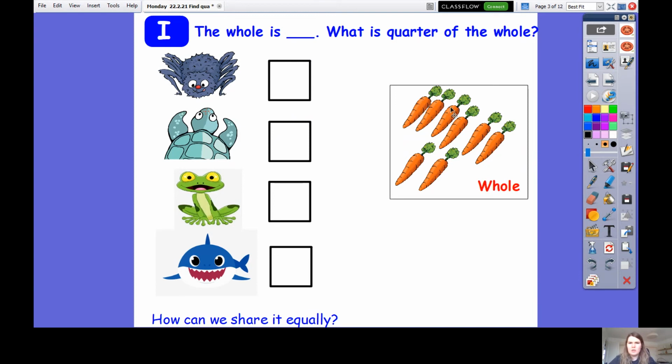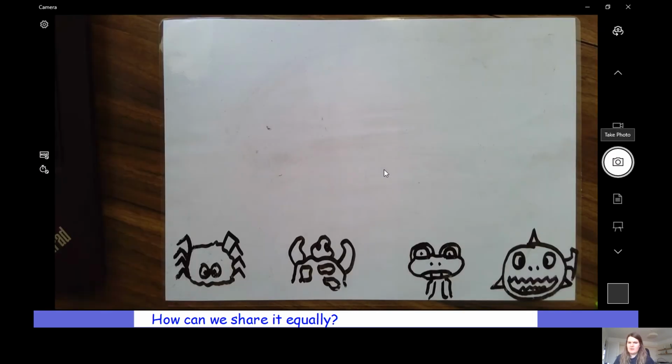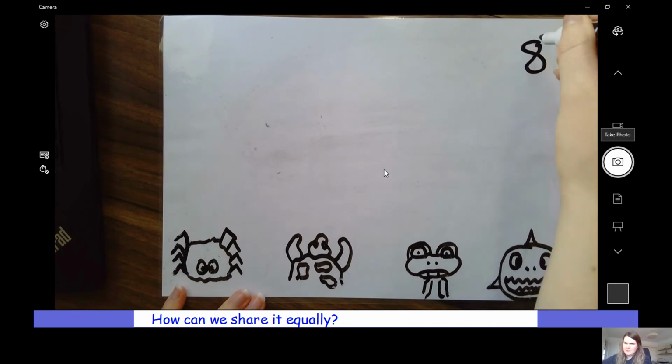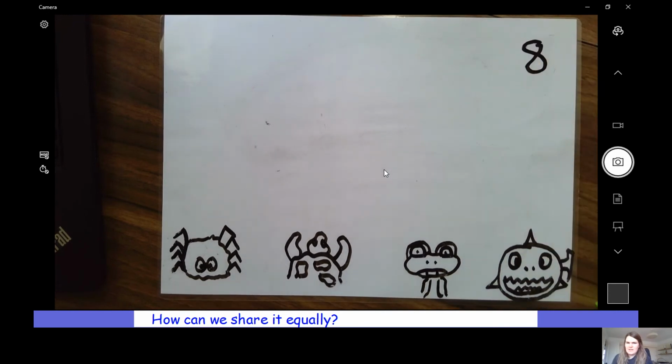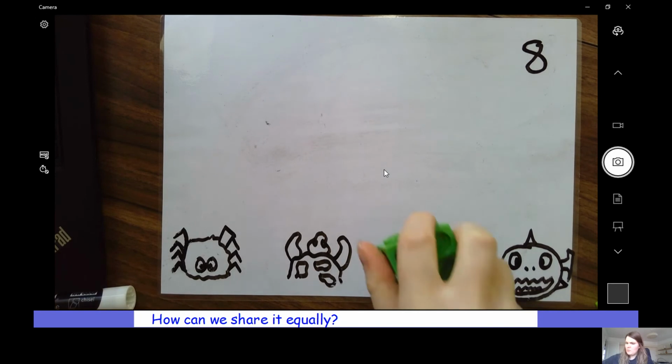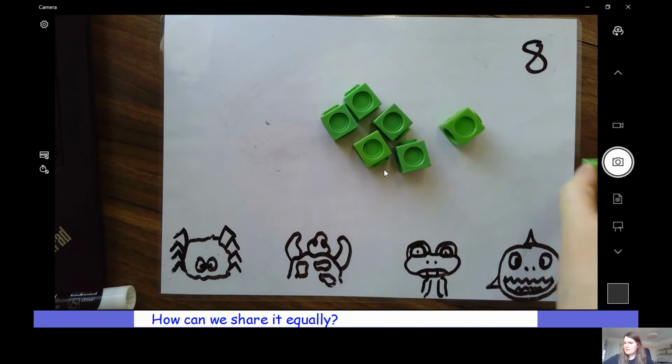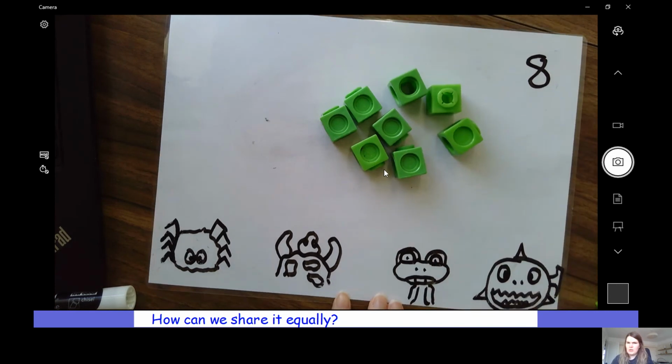I've got 1, 2, 3, 4, 5, 6, 7, 8. Okay, I'm going to write that number down. Here's our whole, and I'm writing down the number 8. I've got 8 that I need to share, so I need to get 8 cubes. 1, 2, 3, 4, 5, 6, 7, 8. I've got 8 cubes.